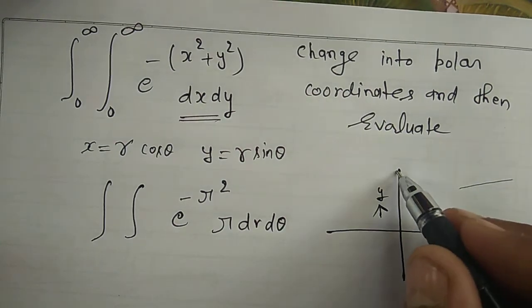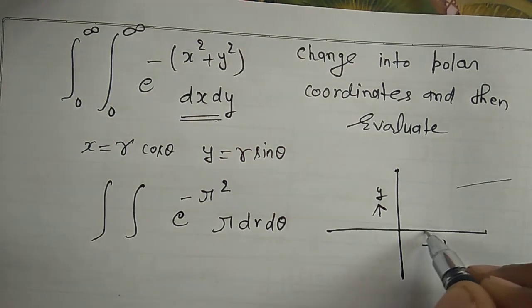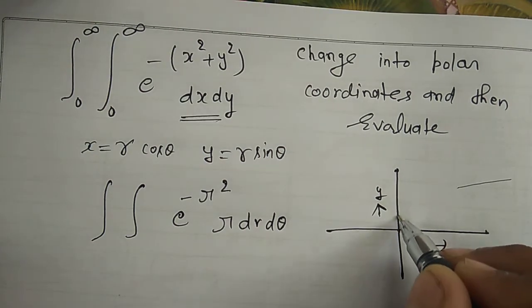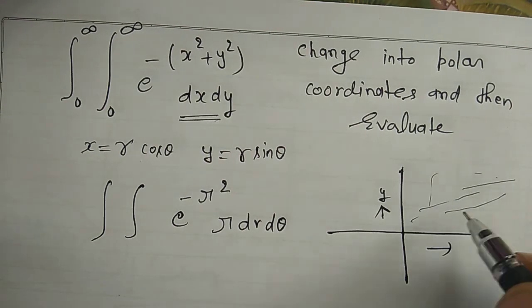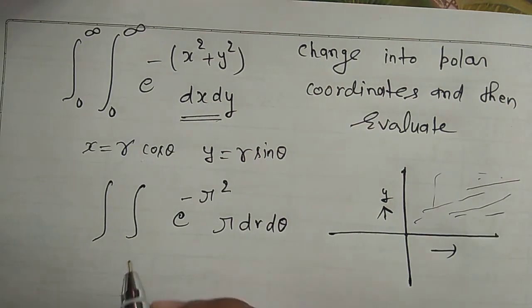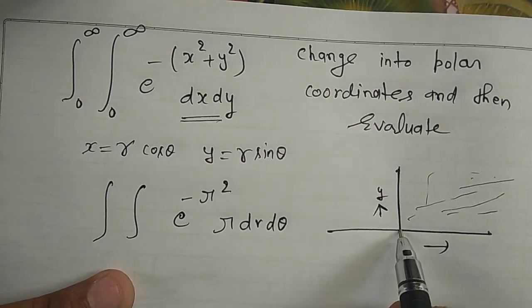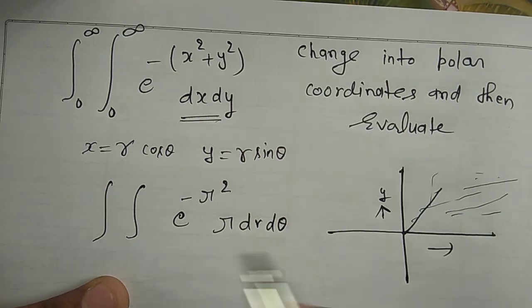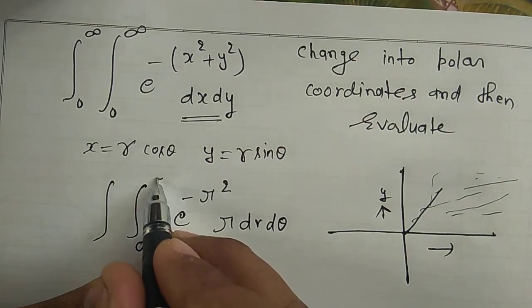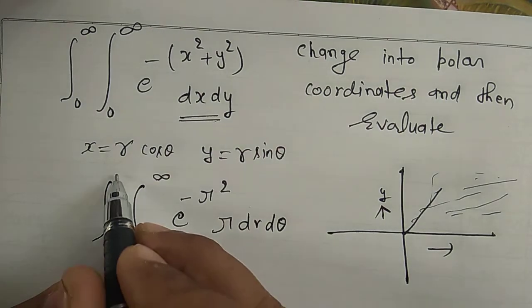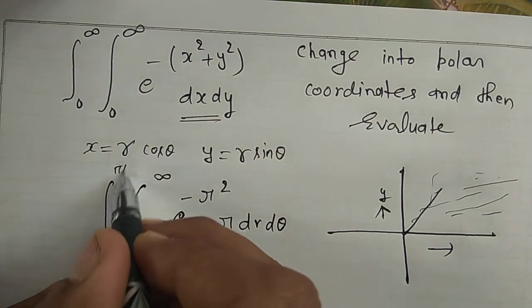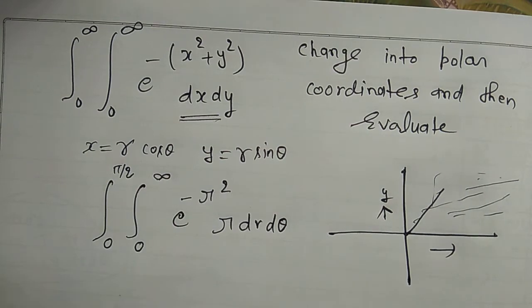So the region is bounded by the lines x equal to 0, y equal to 0 and infinity. So this is the complete first quadrant, right? So the r limit will be 0 to infinity, and since it is the first quadrant, the theta limit will be 0 to pi by 2, that's all.